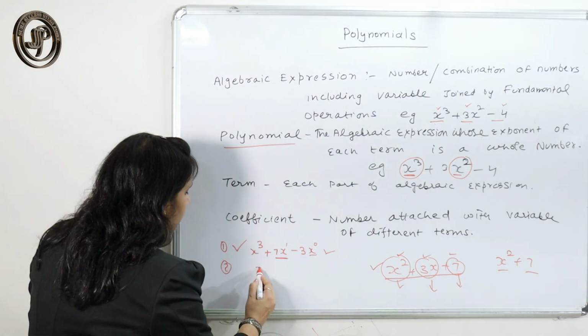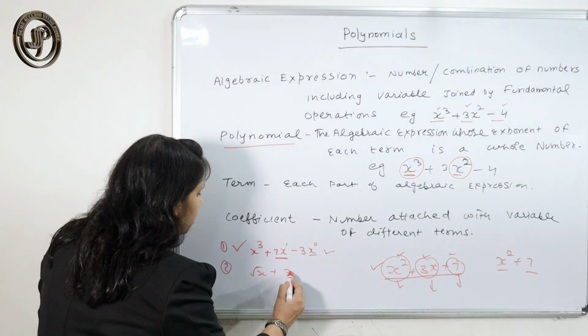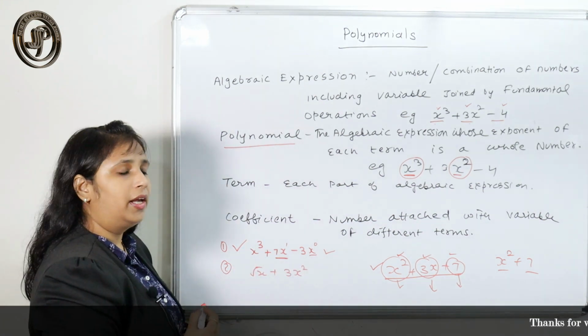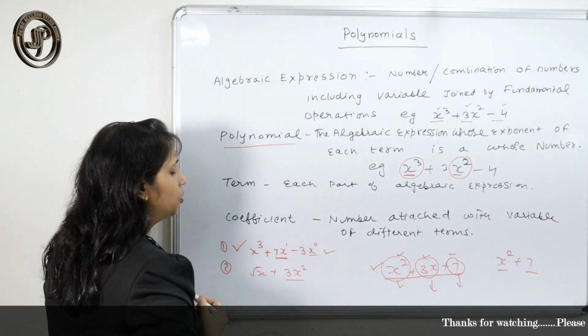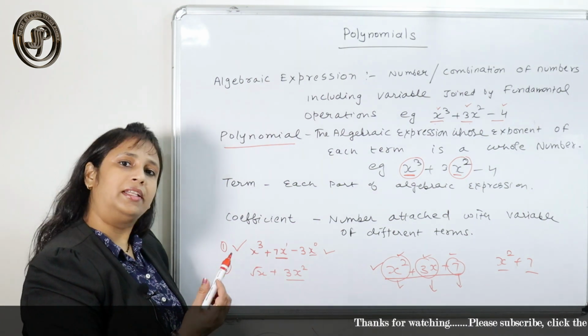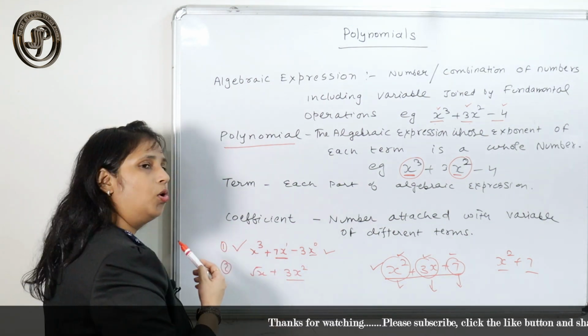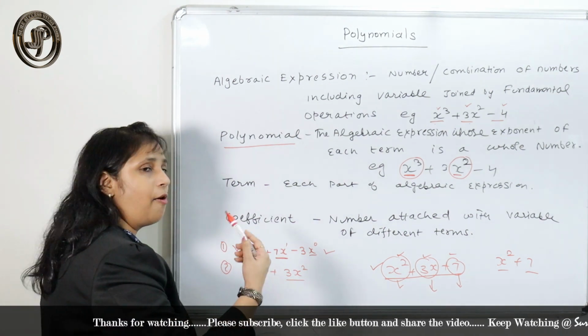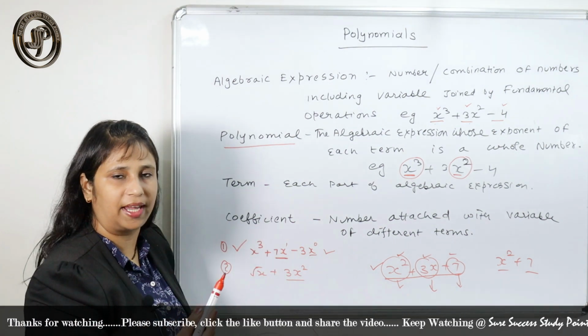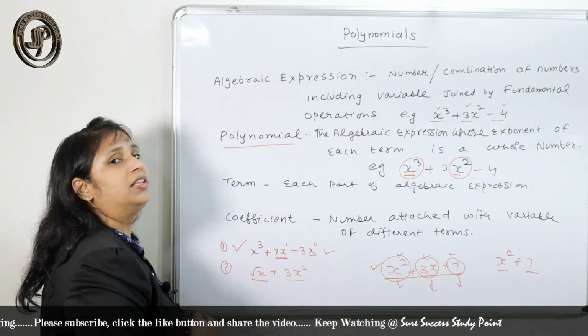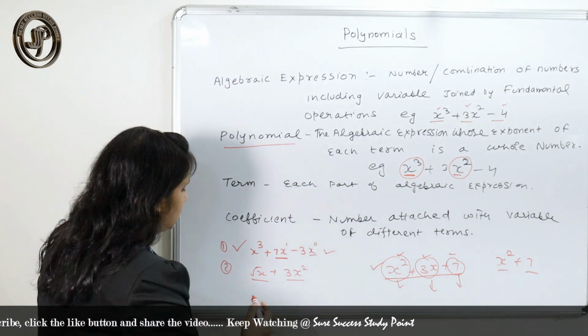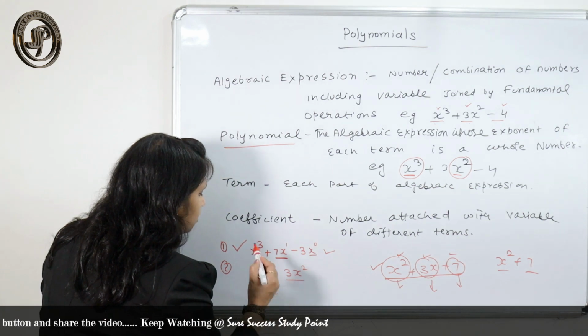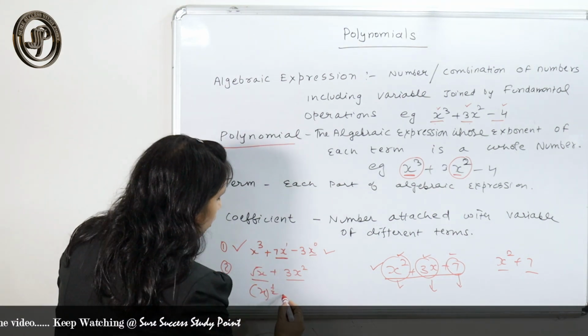If I write root x plus 3x square, let me check the exponent. Exponent is the power of x. Here the exponent of x is 1 by 2, since root x means x to the power 1 by 2.